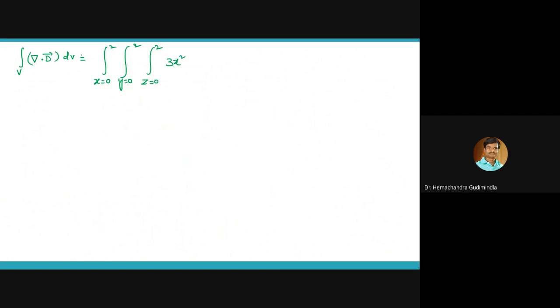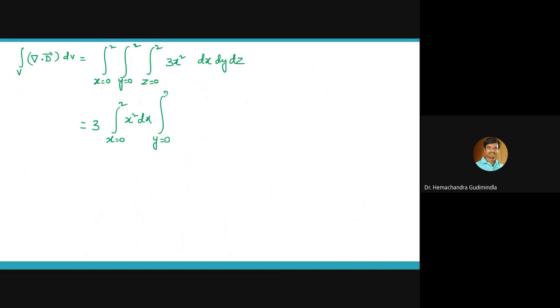What is dv? dv is nothing but dx, dy, dz. Now simple, we need to do the integration. So 3 is a constant, just take outside, and here x is varying from 0 to 2. Any x term is there, x square dx. Then integral. Don't put minus or plus anything. These are multiplications.